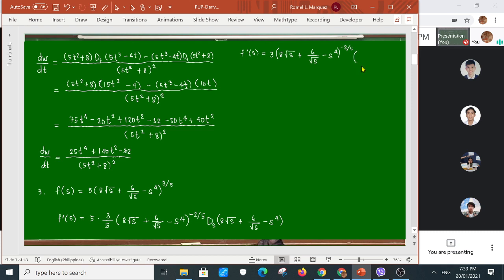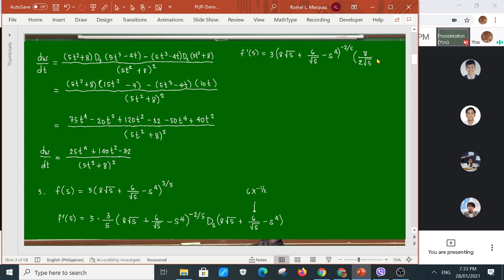What's the derivative, guys? What's the derivative of this first term? That is 8 over 2 square root of s, because that's a radical, square root. That is how to differentiate square root: 8 times the derivative of s, 1 over 2 square root of s. What about this one? What do we mean by this, children? That is 6 times x to the negative 1/2.